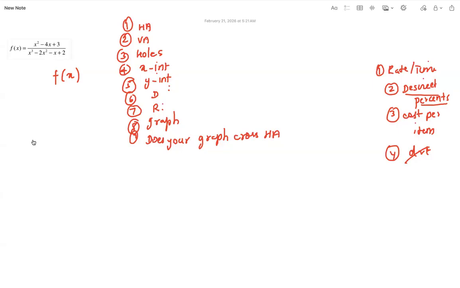All x equal to that value is not a hole. So do I put in the x value? Yes.